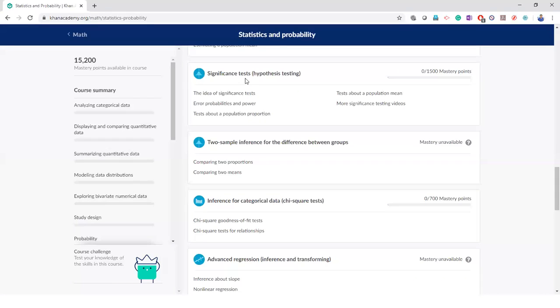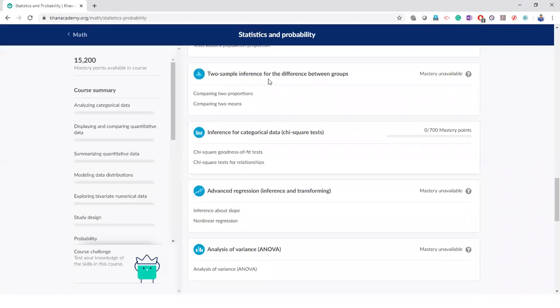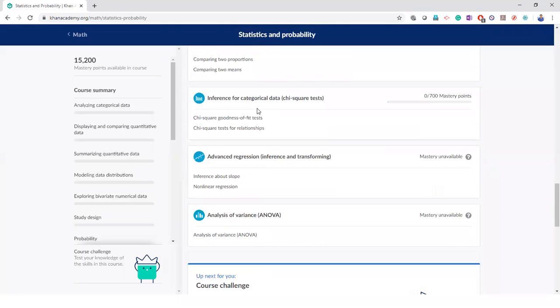Hypothesis testing is where I'm imagining something and I need to test or prove it. Is this variable related or not related? So yes, hypothesis testing is important. Two-sample inference for different groups, comparing two proportions and comparing two means, are all part of hypothesis testing, and these are important.